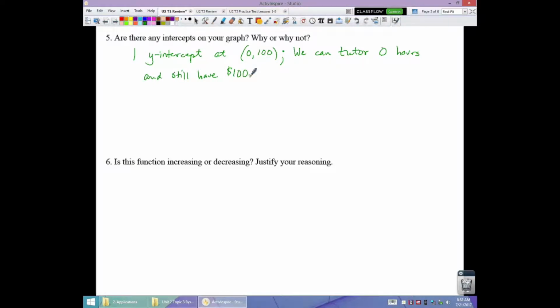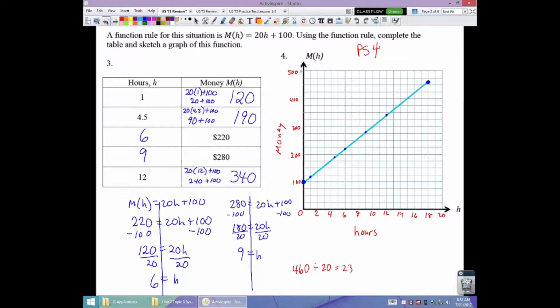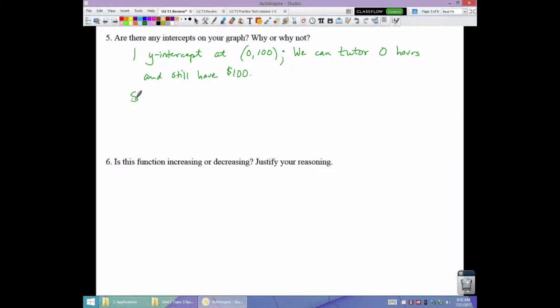Now, why are there no X-intercepts? Well, to have an X-intercept down here would mean there's a certain amount of hours I could tutor and have no money. But that would never be the case, since we already have $100.